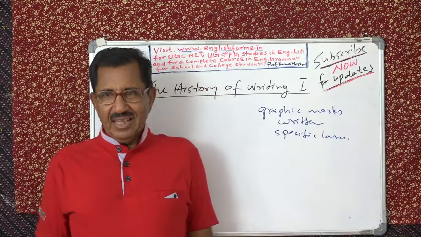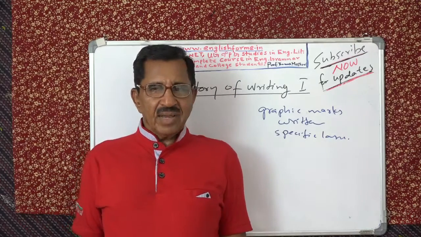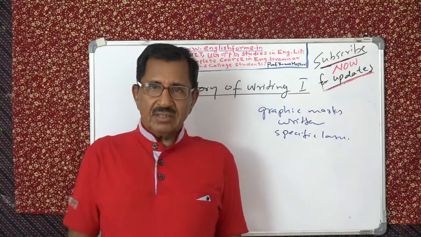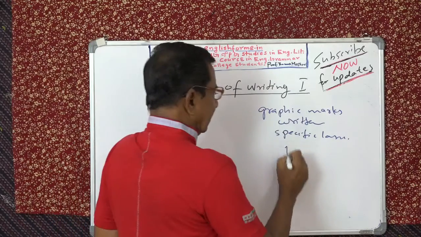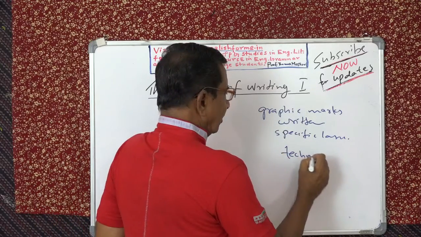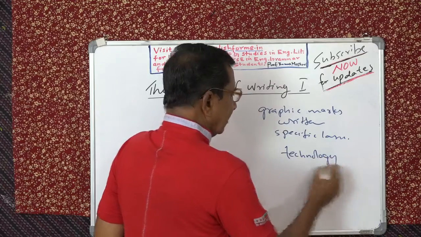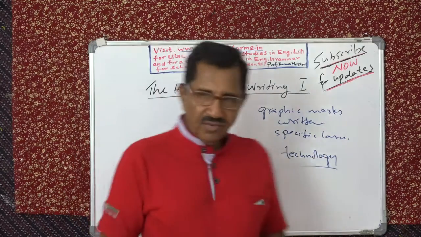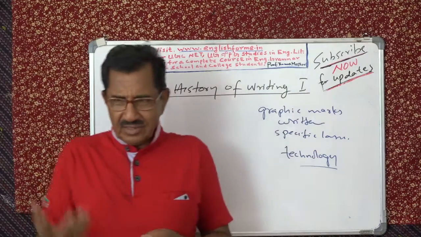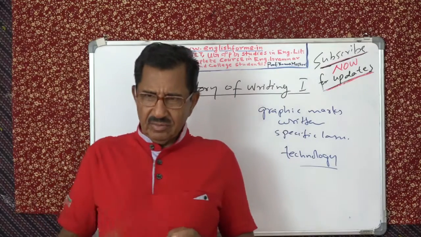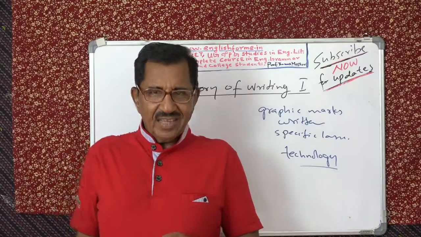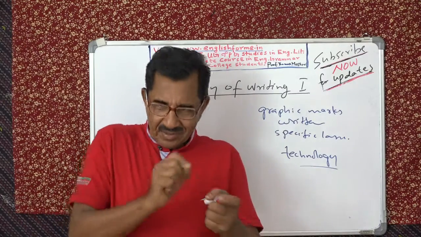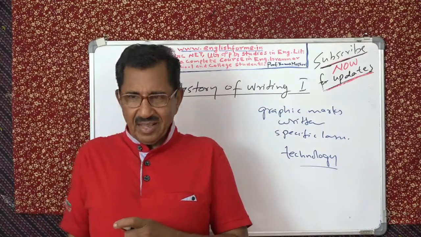Simple. Now writing is man's principal technology. Writing is a technology. And what is it used for? Writing is used for a lot of things. Recording is one. Collecting: write down, the reporter goes to a particular place and he collects.